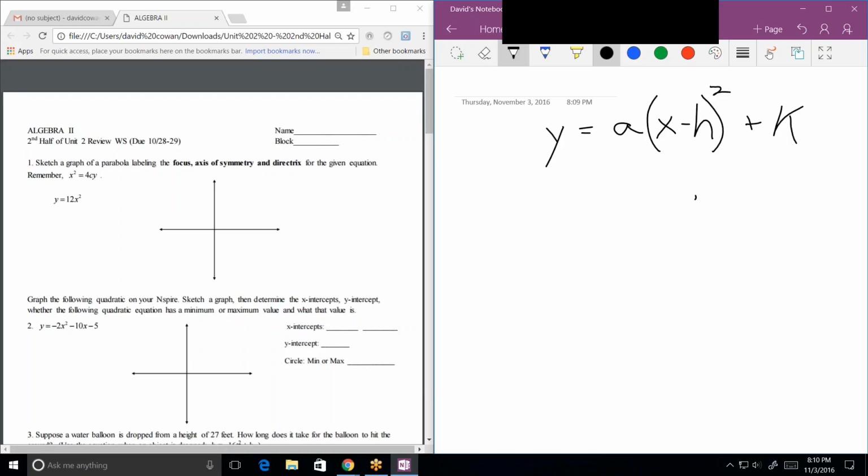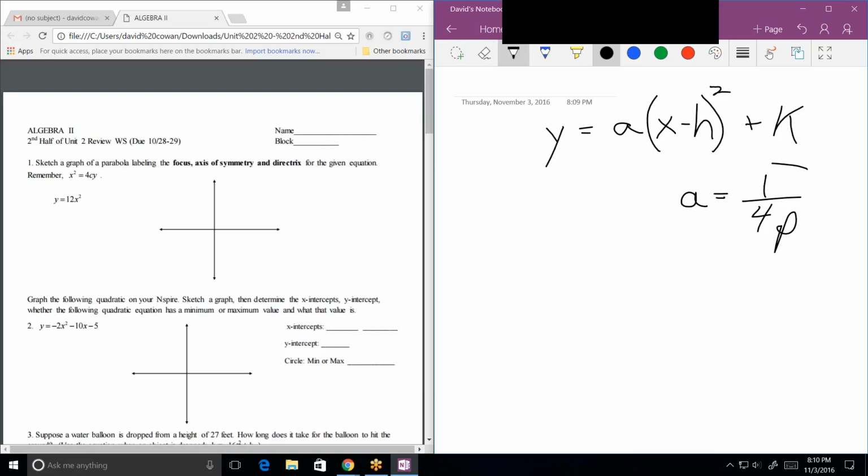First of all, a is equal to 1 over 4p, and p is the distance to the focus from the vertex.